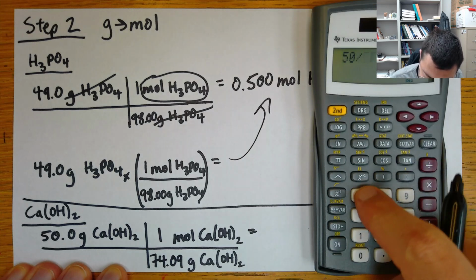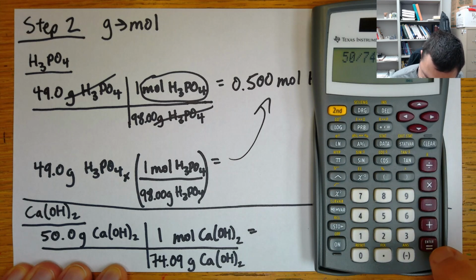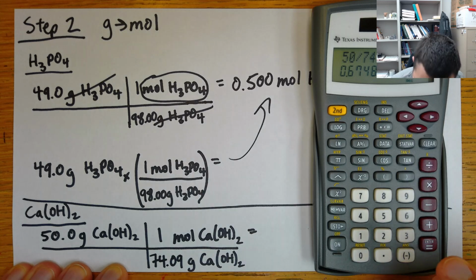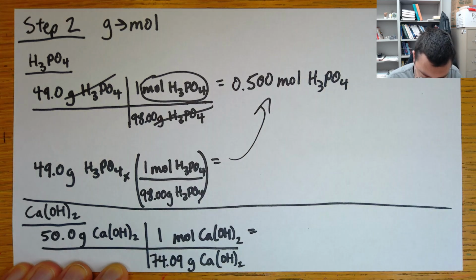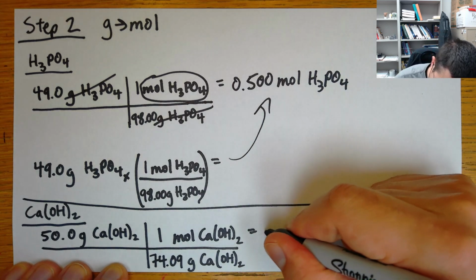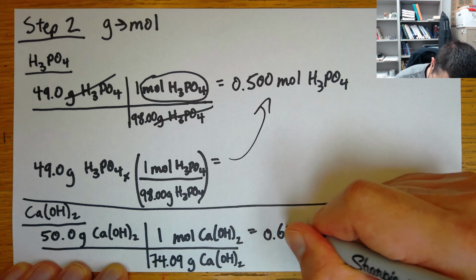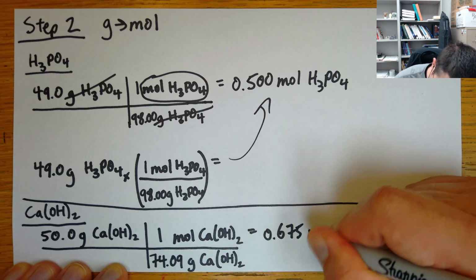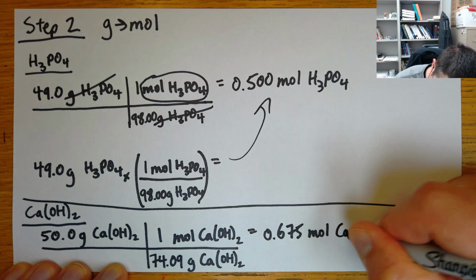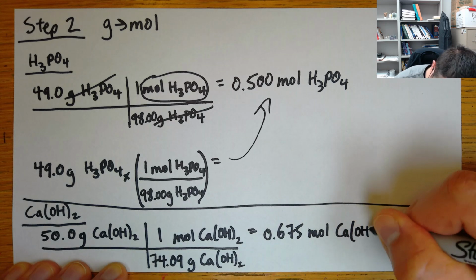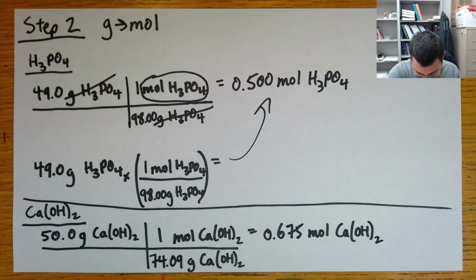Divided by 74.09. 0.675. All right, so there's our two answers for our starting amounts in moles.